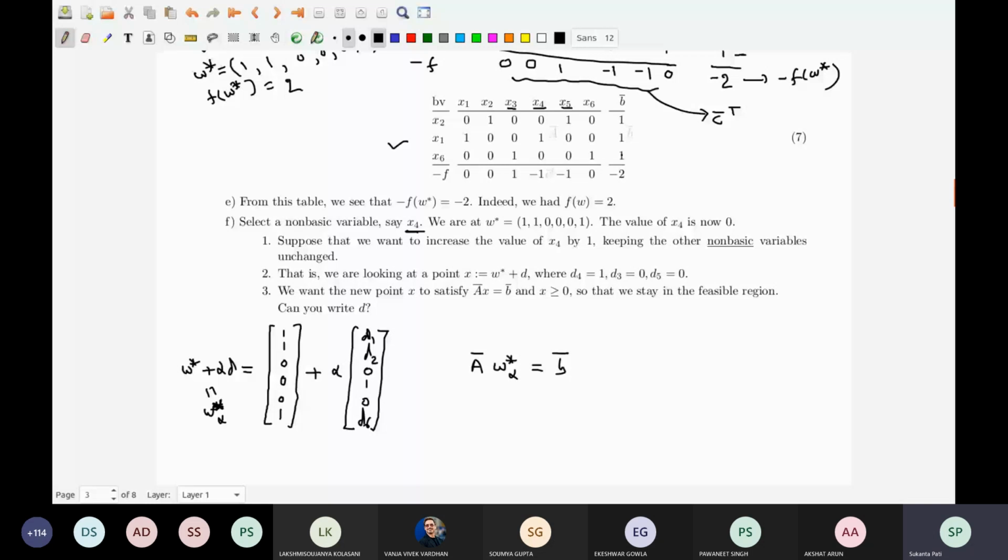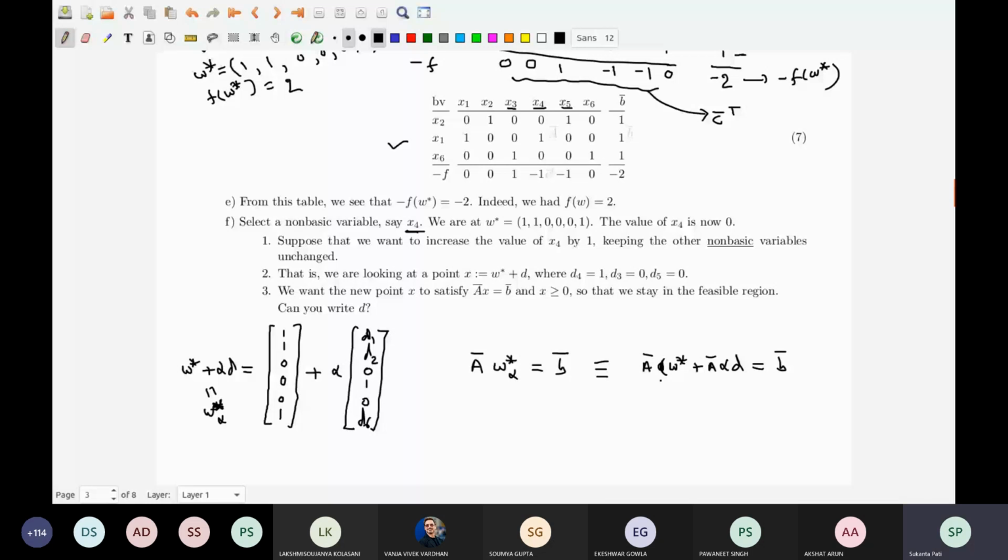But then what does this mean? This means A bar W star, let me write this, plus A bar alpha D has to be equal to B bar. But what is A bar W star? I already know A bar W star is nothing but B bar only.